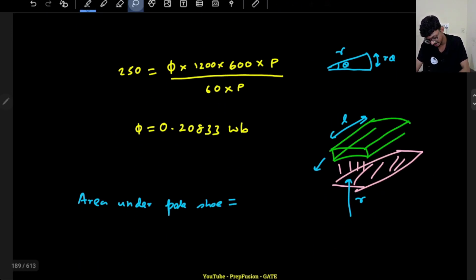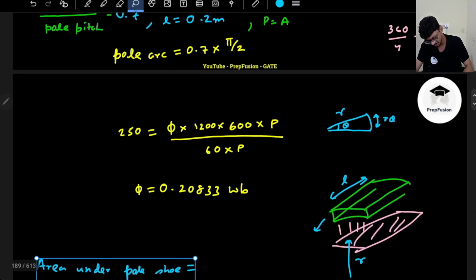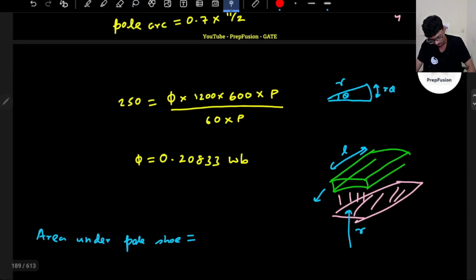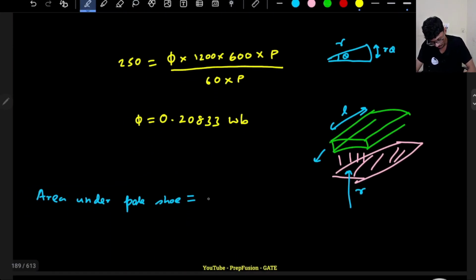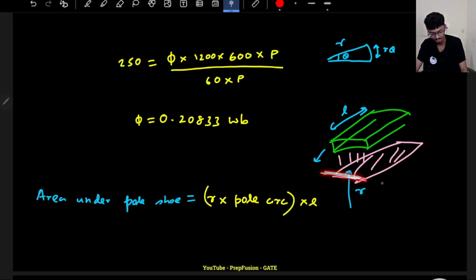So my area under each pole shoe will be, this is the angle, right? It will be r into pole arc, into length, because this distance is L only.